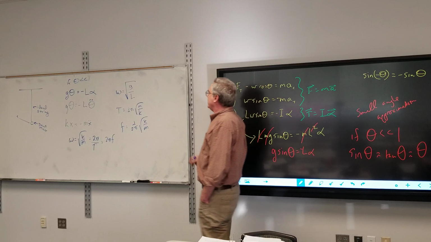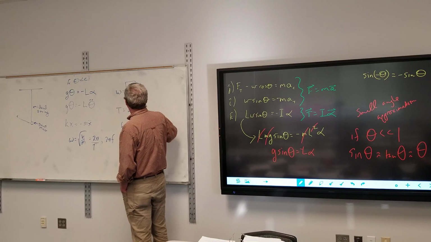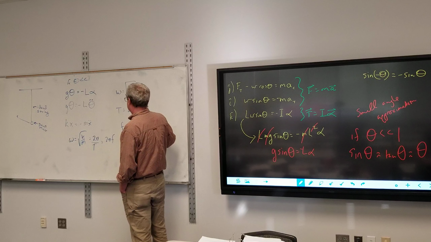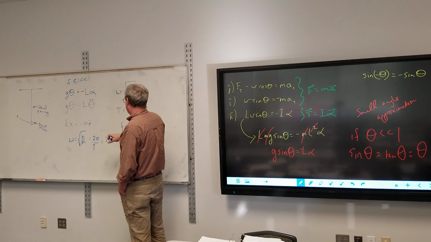So we now have a way, especially right here, not m over k, wrong one. G over L, I'm trying to get that right.